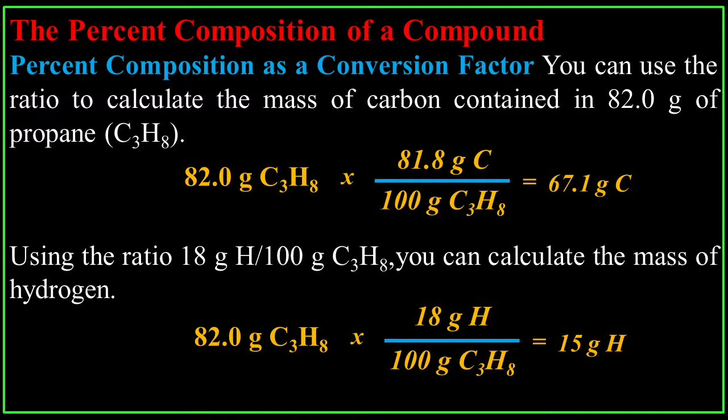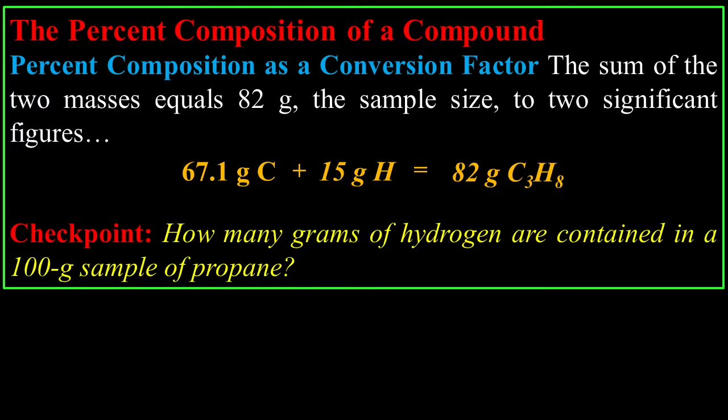Percent composition as a conversion factor. You can use the ratio to calculate the mass of carbon contained in 82 grams of propane. 82 grams of propane times 81.8 grams of carbon per 100 grams, or 81.8%, equals 67.1 grams of carbon and 15 grams of hydrogen.